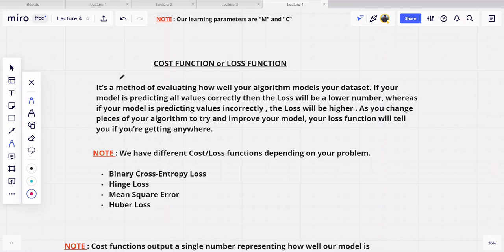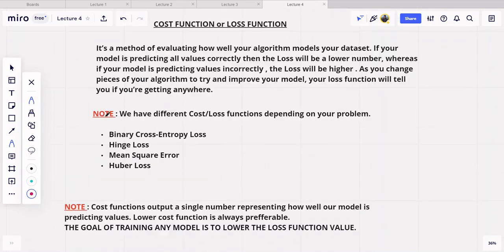So this is what we call the cost function or loss function: a mathematical function that outputs a single number representing how well our model is predicting the values. So a lower cost is always preferable.